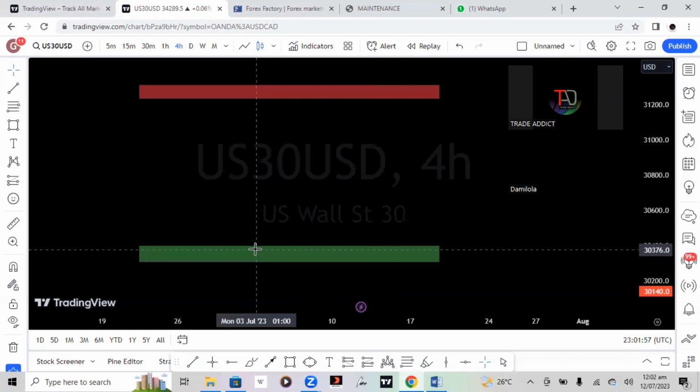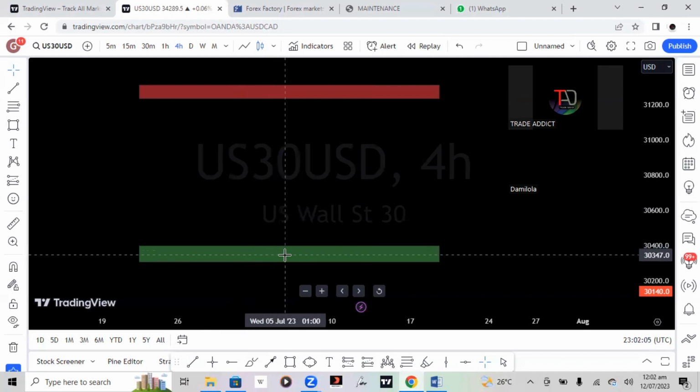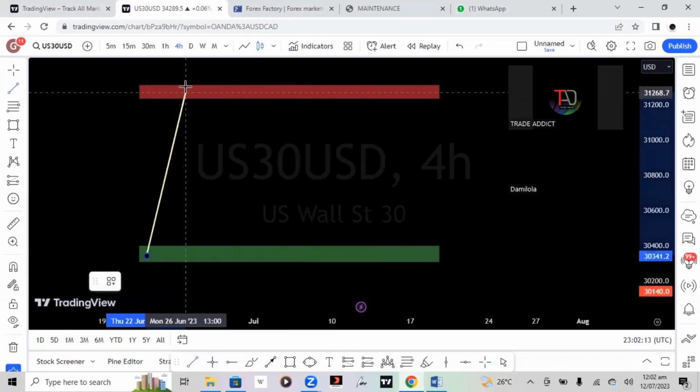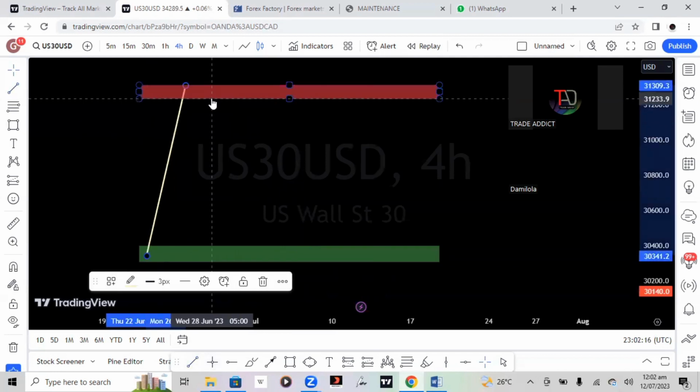This is no ordinary support. Whenever you include the major, it will then be called our demand. So our demand is usually a major zone where price buys off, while our supply is a major zone where price sells off.